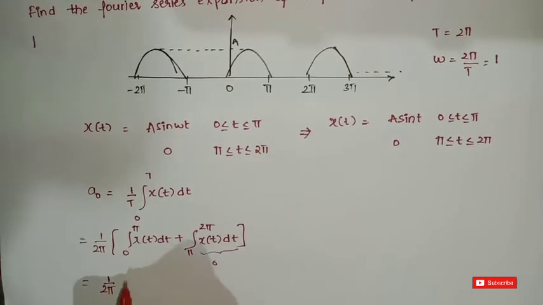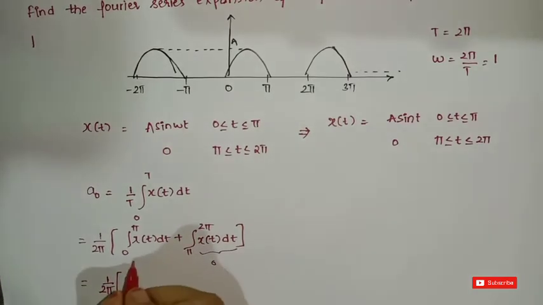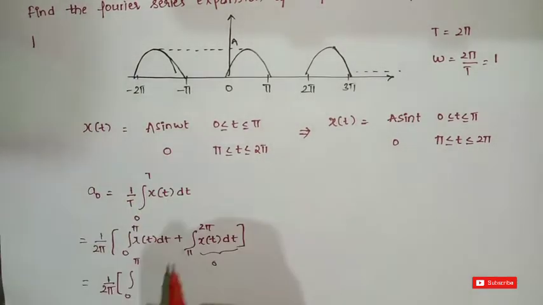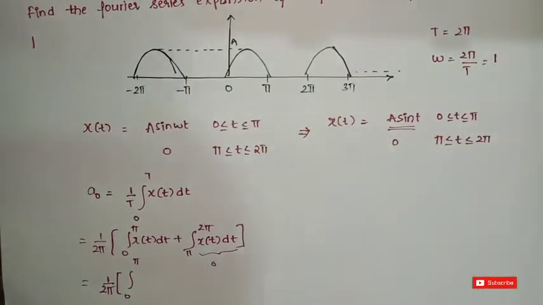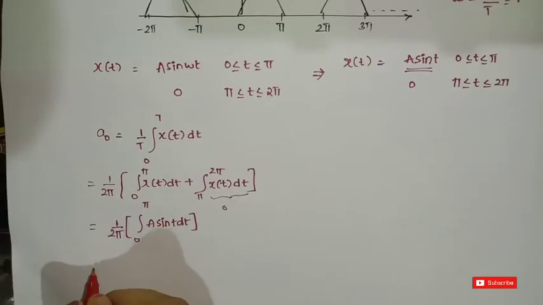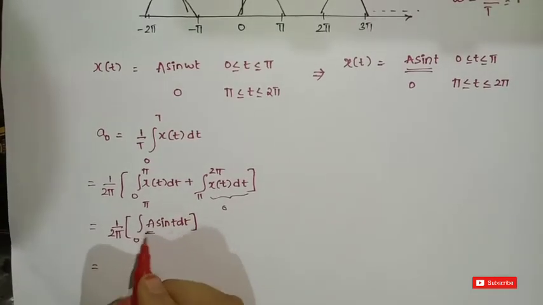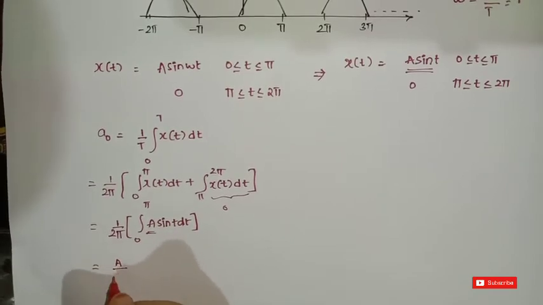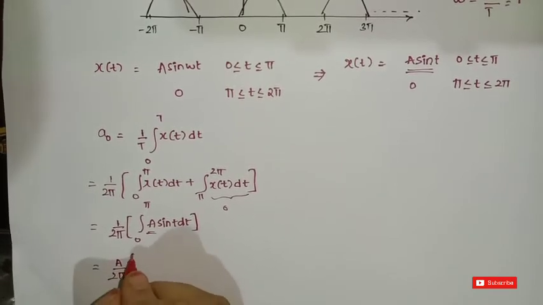This can be written as 1 by 2 pi integral 0 to pi. x of t is nothing but A sine t, since the omega value is equal to 1. So it is A sine t dt. A is the constant value, so bring it outside the integral. A by 2 pi.